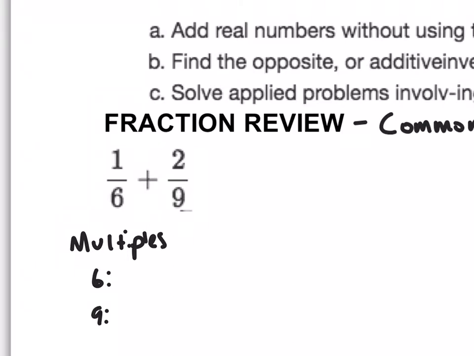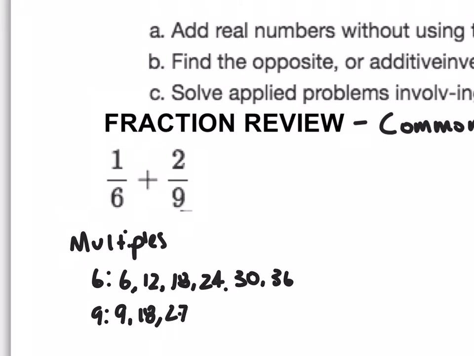Multiples of 6: 6, 12, 18, 24, 30, and then 36. I'm going to stop there. For 9, my multiples are 9, 18, 27, and then 36. So 36 is my common multiple, and this is going to be my common denominator.